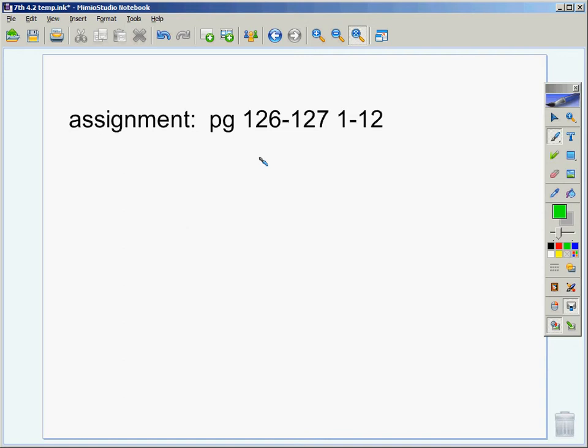Which one's the better deal, 18.50 or 21.98? Come on, find it. That's what you're doing. Find it. What's K? 5550 divided by 3. That's going to give me K.